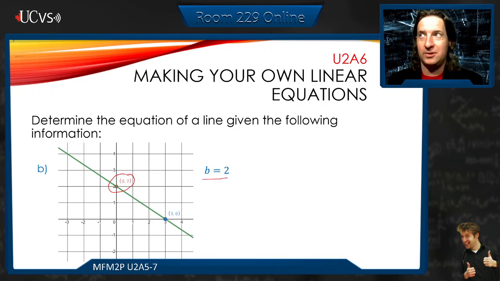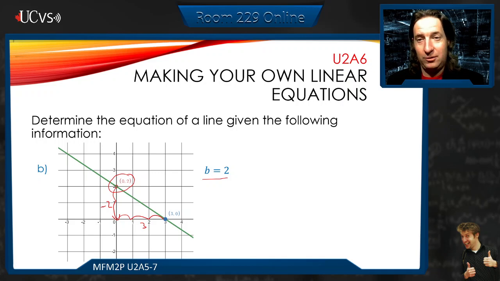I know that y = mx + 2. I just need m. So I can use my graph now to find out my m. I know that I'm going from this point, I'm given (0, 2), and I'm given another point, (3, 0). How do I get from the red dot to the blue dot? Well, I know I have to go down 2, and I'm going 1, 2, 3. I'm going to the right 3.